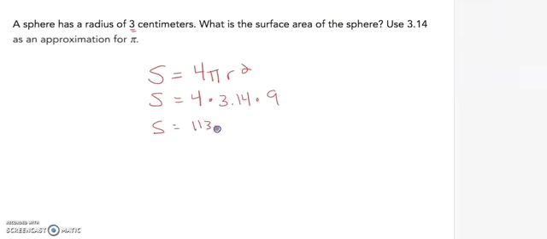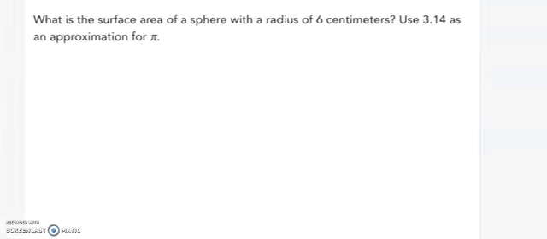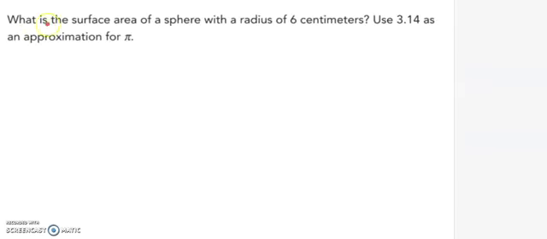So 113.04, that's going to be centimeters squared. All right, next one, we want to know what the surface area is of a sphere with a radius of 6 centimeters. So surface area equals 4 pi r squared. We fill in the 4, stays the same. Pi is 3.14, and in this case, the radius is 6.